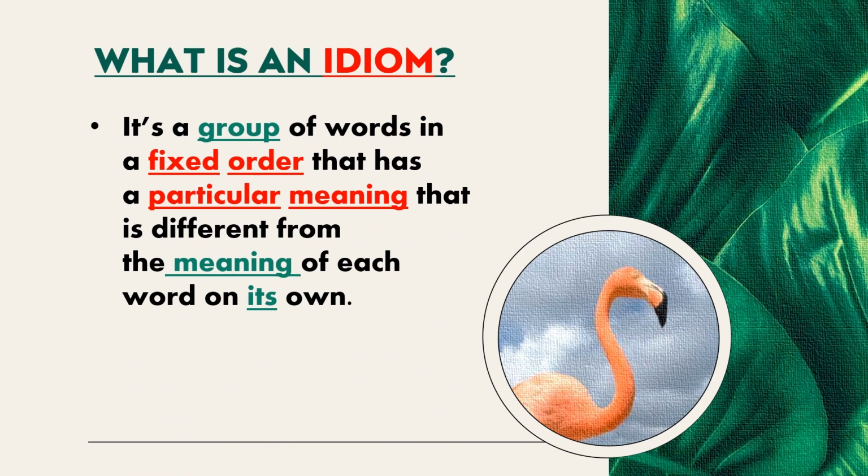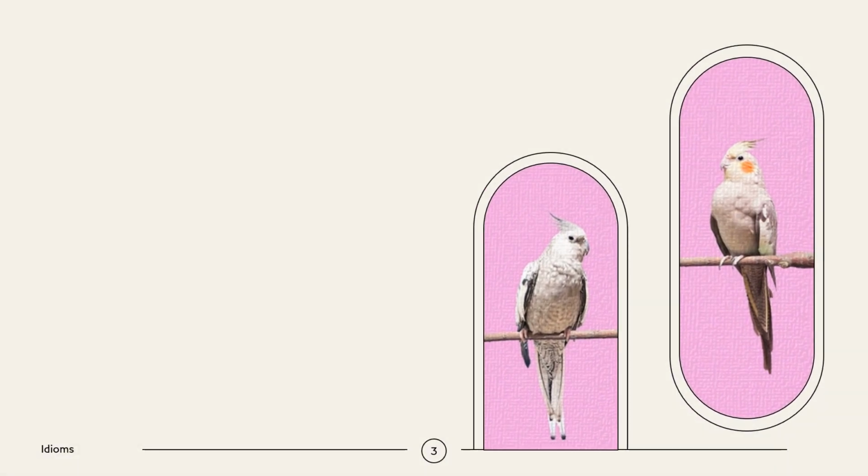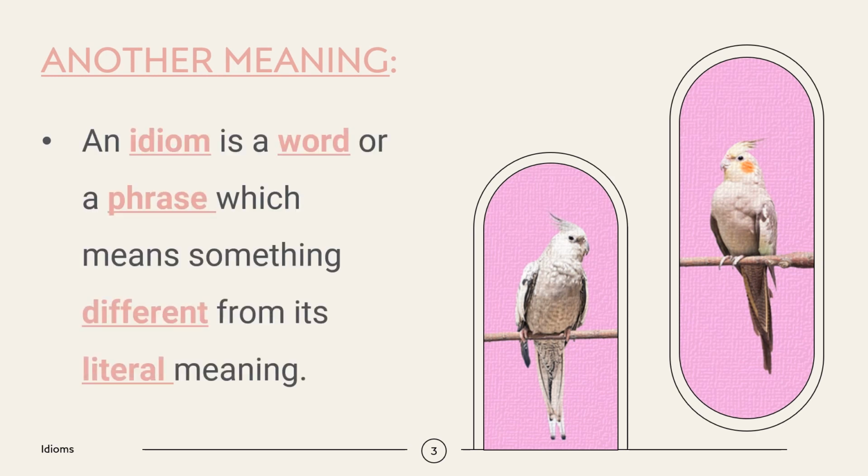An idiom is a group of words in a fixed order that has a particular meaning that is different from the meaning of each word on its own, or another meaning. An idiom is a word or phrase which means something different from its literal meaning.